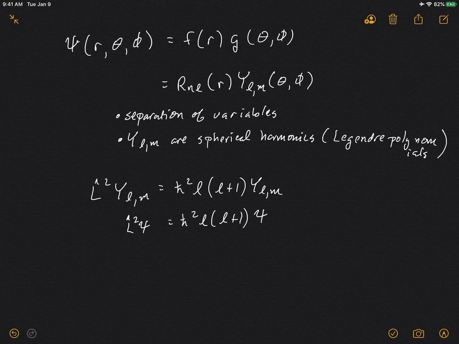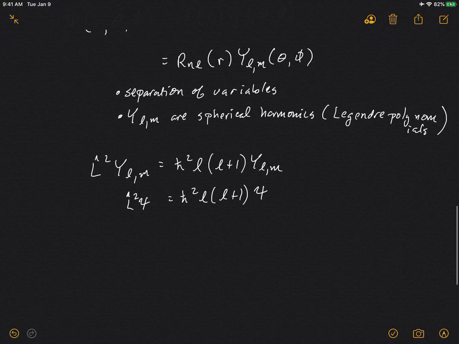And again, this is the utility of the separation of variables concept, that we can use it to simplify these differential equations.